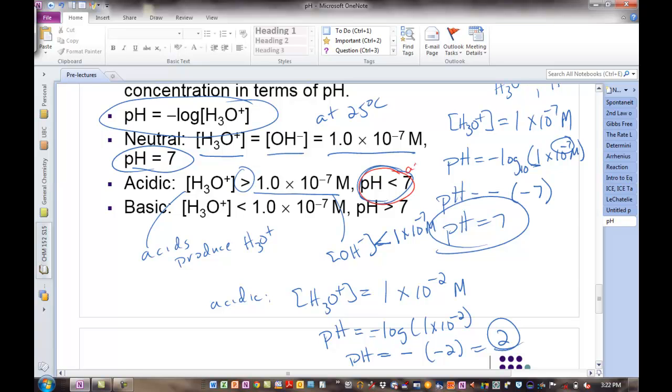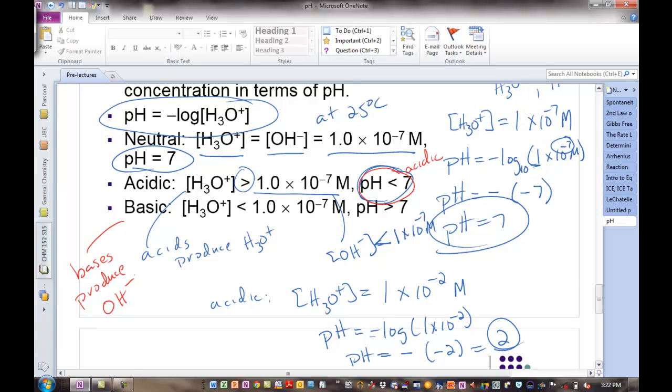Okay? Acidic. Right? Conversely, in a basic solution, bases produce hydroxide. So your hydroxide is going to go up.